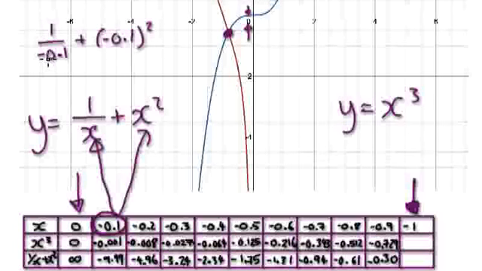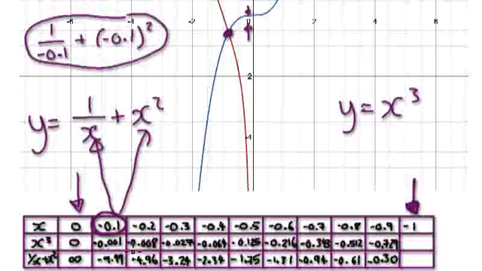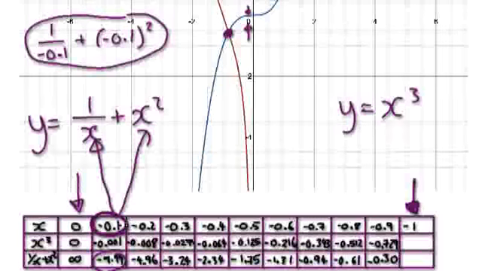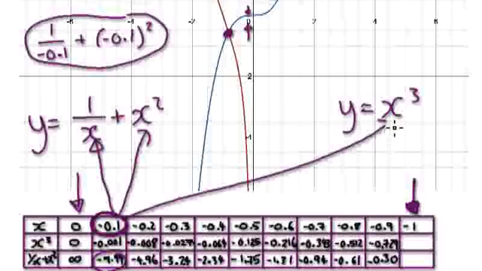If you work out this whole thing here, it will come to this, and if you put minus 0.1 into here, it will come to this.